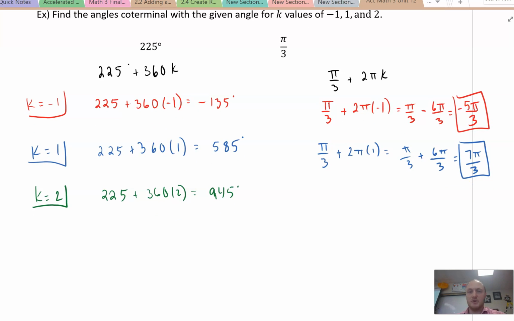Next one. What if my k value now is 2? So that's 4 pi I'm adding, and if I write that as a fraction in thirds, we get 12 pi over 3. So we get 13 pi over 3.